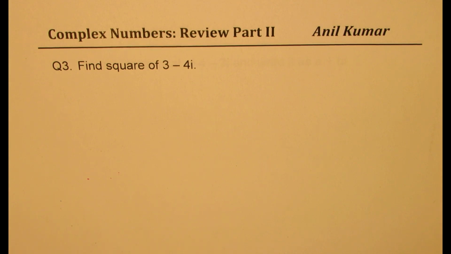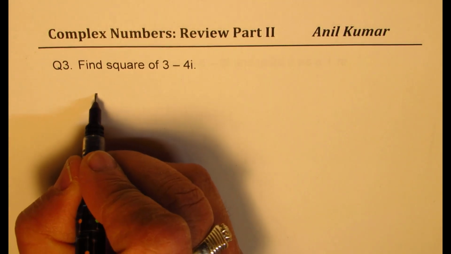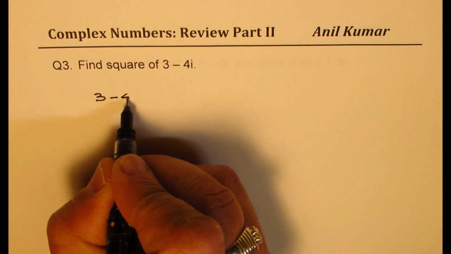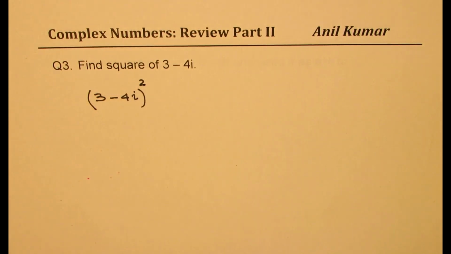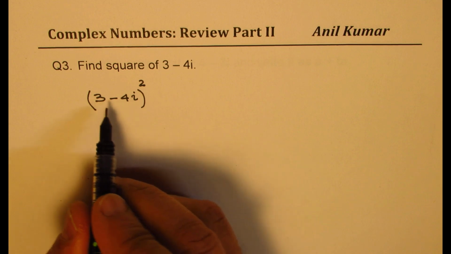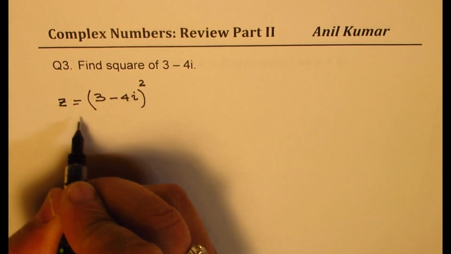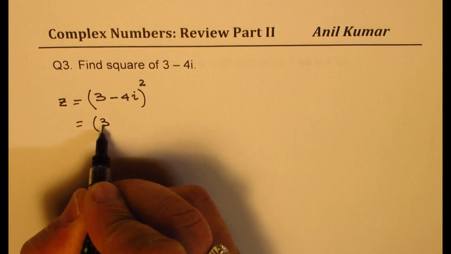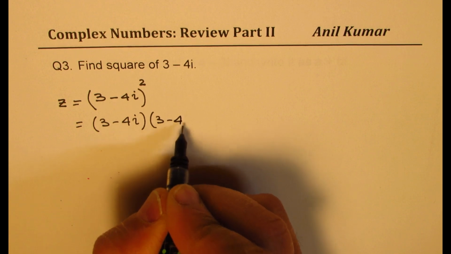Now let us see how to find the square of a complex number. So when I say square, basically it means you multiply the number by itself, right? So that becomes the square. Let's say this is a complex number z. So you could write this as 3 minus 4i times 3 minus 4i.